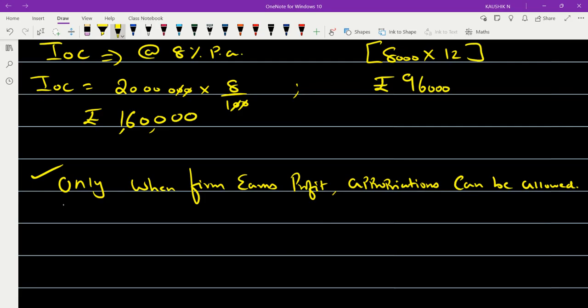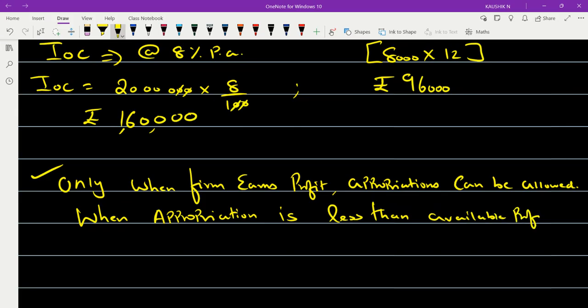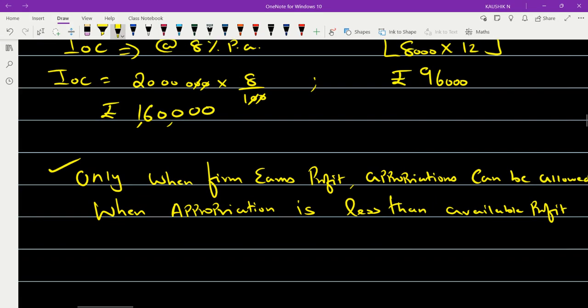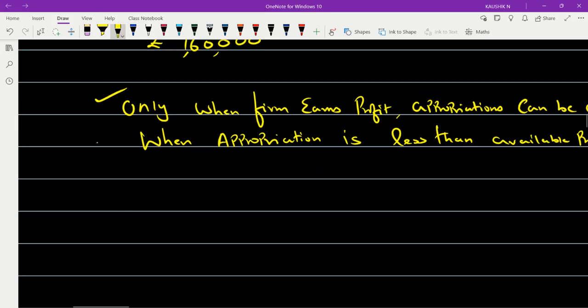But now the condition is, when appropriation is less than available profit, there are two cases. You have to understand very well. Case one, when appropriation is less than available profit.